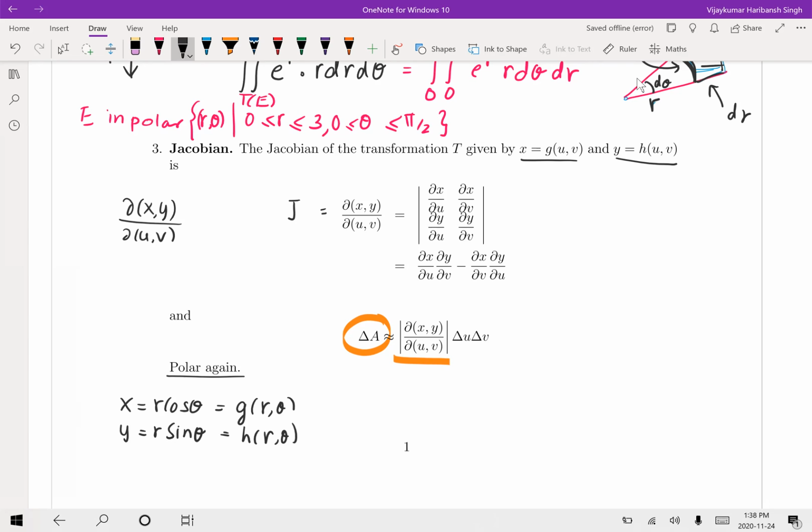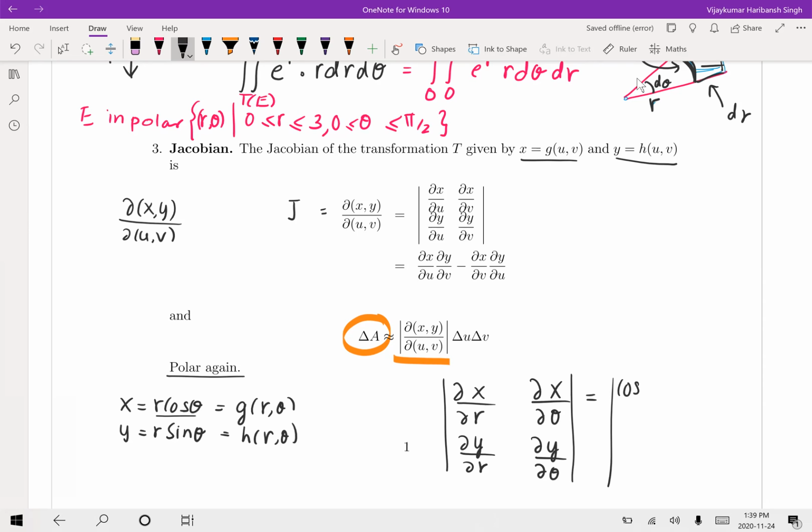So now let's compute the Jacobian. In this case, the Jacobian is going to be the partial derivative of x with respect to r, partial derivative of y with respect to r, partial derivative of x with respect to theta, and partial derivative of y with respect to theta. Let's compute this. So the partial derivative of x with respect to r is going to be cosine theta.